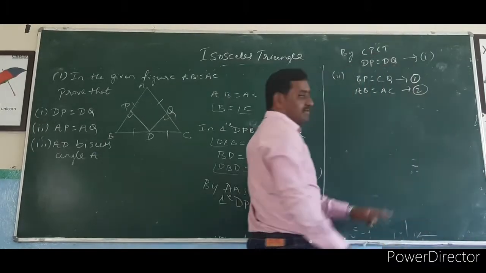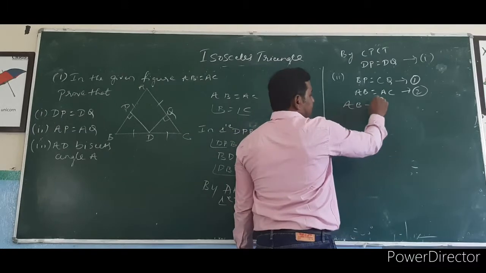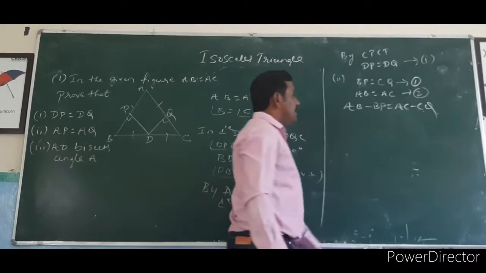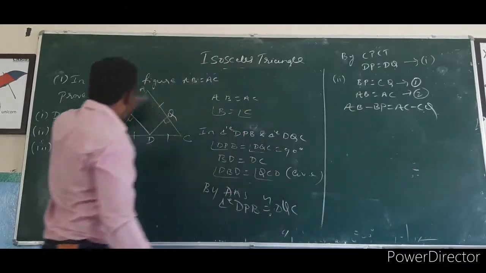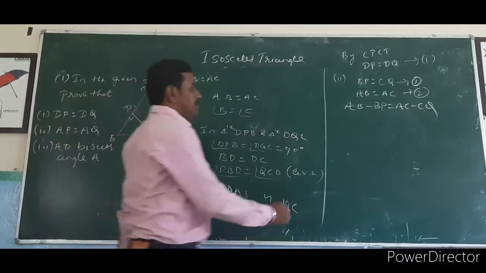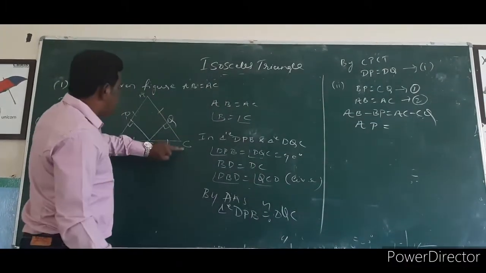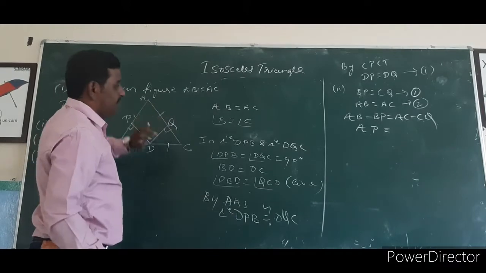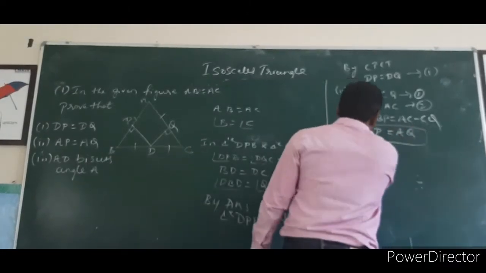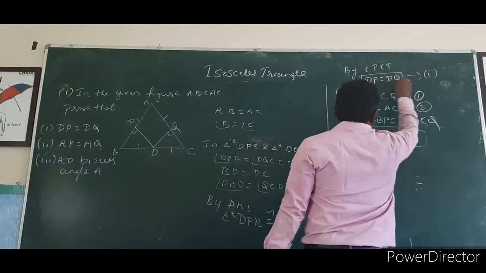Subtract 1 from 2: AB minus BP, AC minus CQ. If you subtract BP from AB, what is remaining? AP. Similarly, if you subtract CQ from AC, what is remaining? AQ. This is the proof for the second one. AP is equal to AQ.